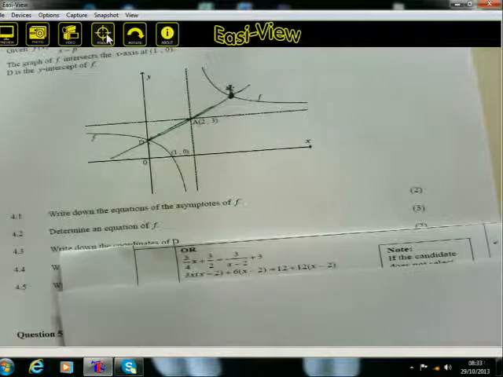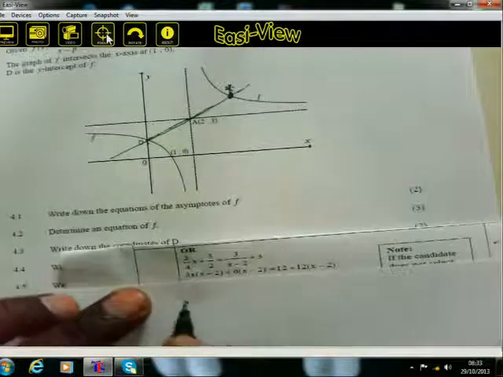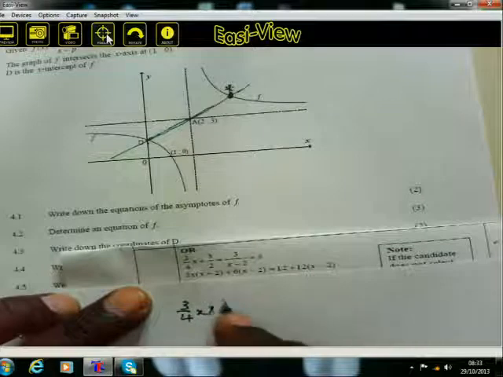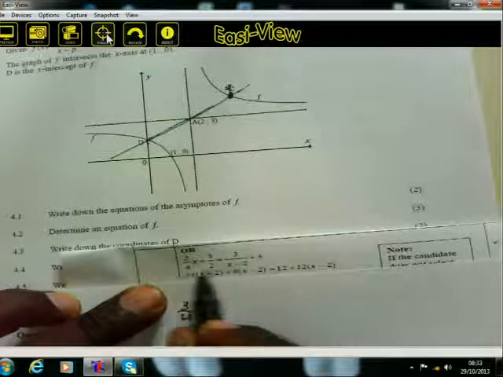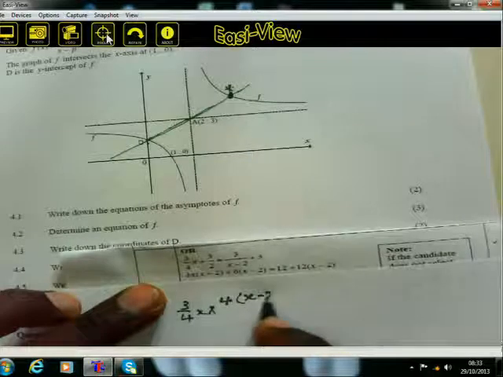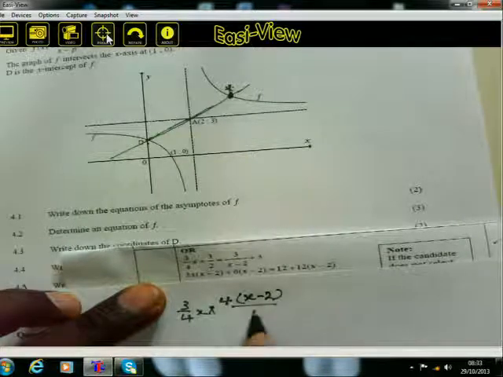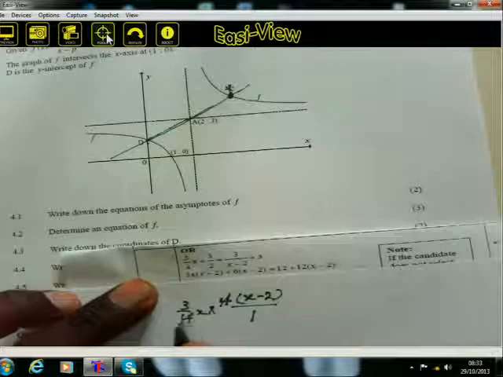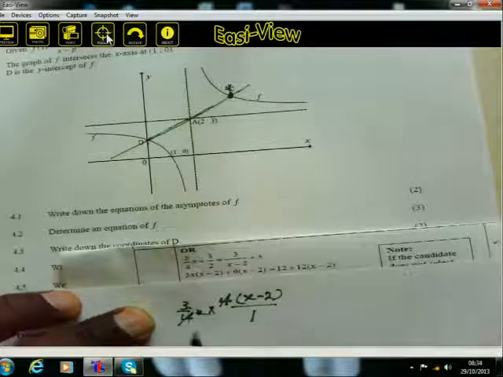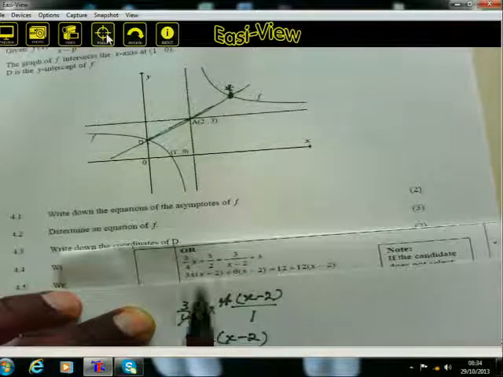Let me show you a bit. How did they get that? If you take 3 over 4 x, you multiply it by our denominator, LCD, which is 4 bracket x minus 2 over 1. If you cancel that, what do we have? We are left with 3x into x minus 2. This is what they got.